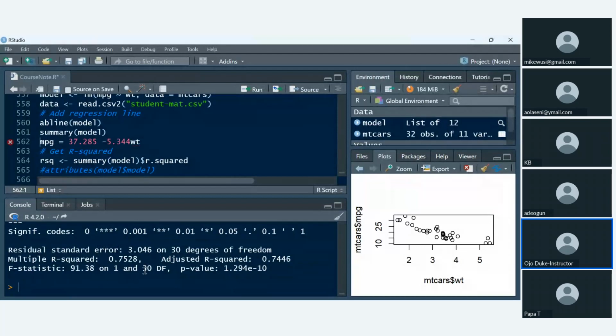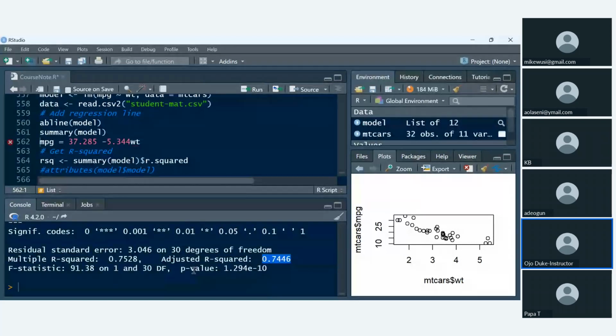Maybe another modeling technique can give us something better, but this particular data and the fitted model has given us this much. How do you measure it? There's something called coefficient of determination, or R squared. This coefficient of determination measures the correlation between the variables.